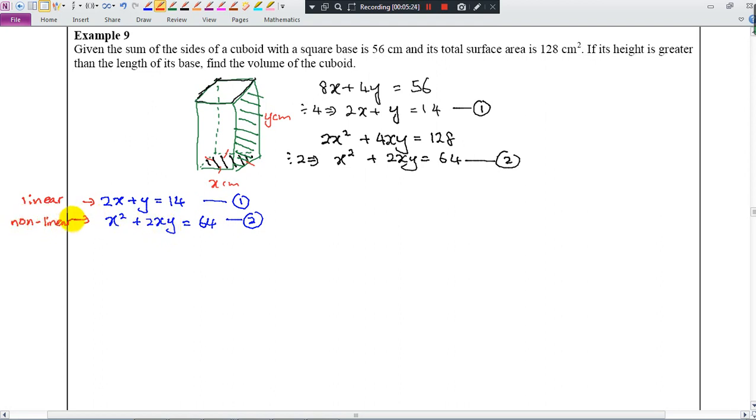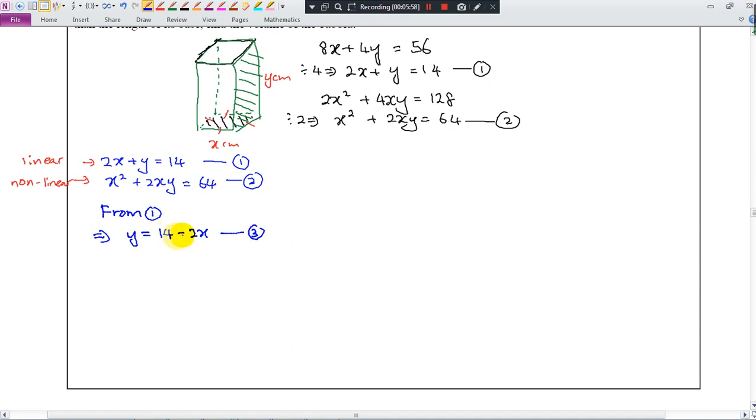So take the linear one and express one term in terms of another, from 1. I just express y in terms of x. y is equal to 14 minus 2x. Let this be the third one.